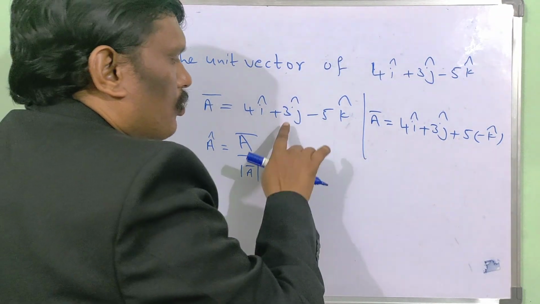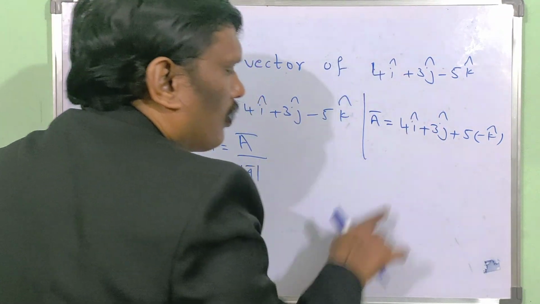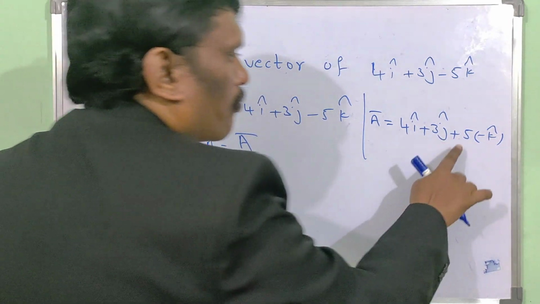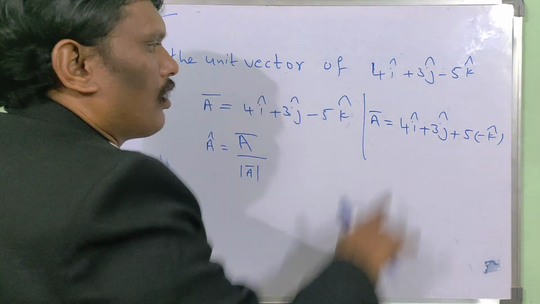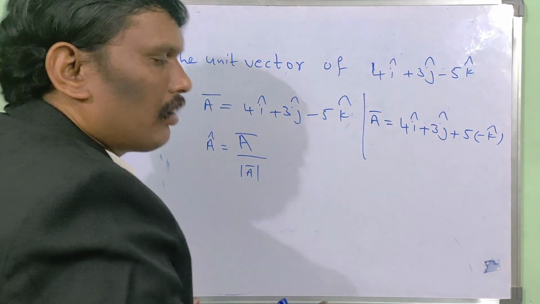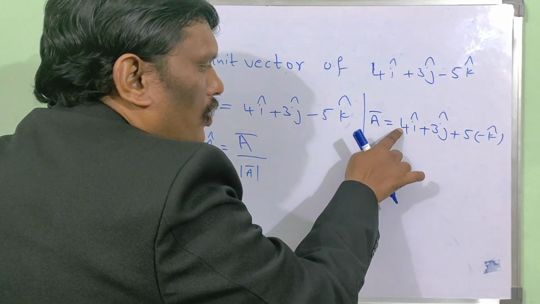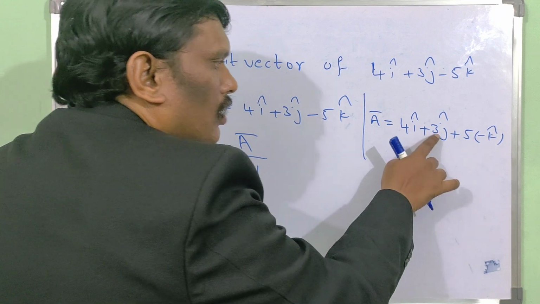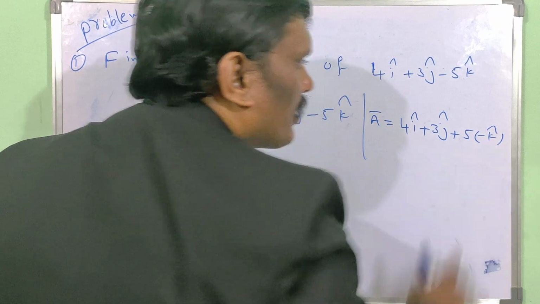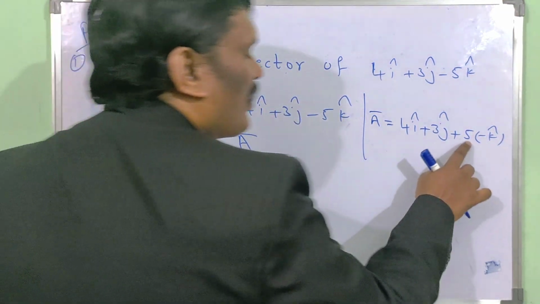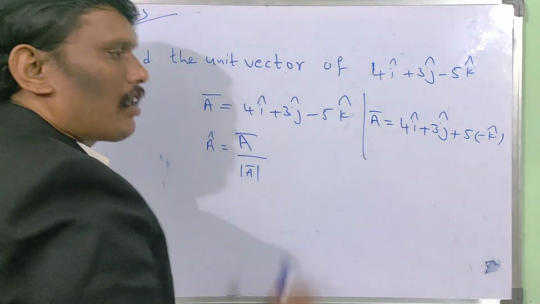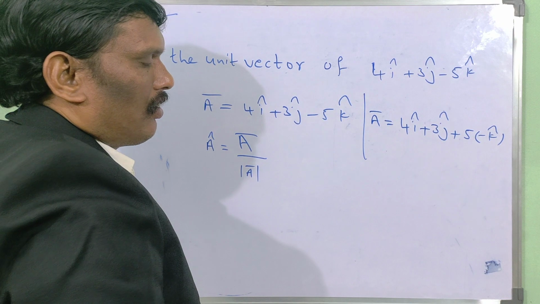So a bar is 4i cap plus 3j cap plus 5 of minus k cap. Both are equivalent. The meaning is 4 units along the positive x direction, 3 units along the positive y direction, and 5 units along the negative z direction, because minus k cap represents the negative z direction.